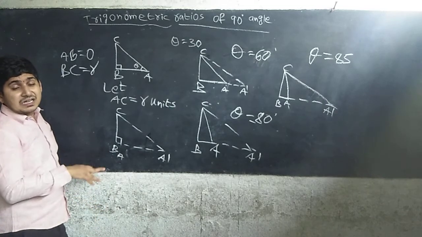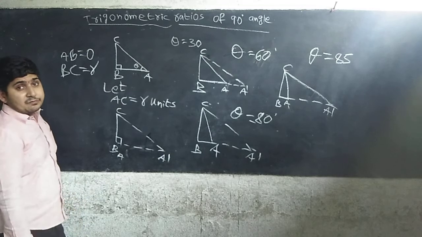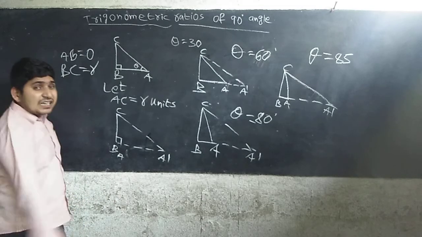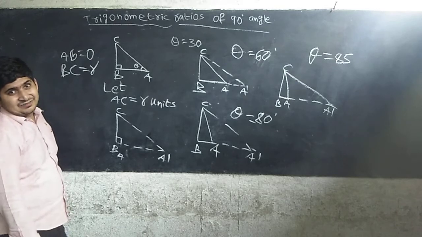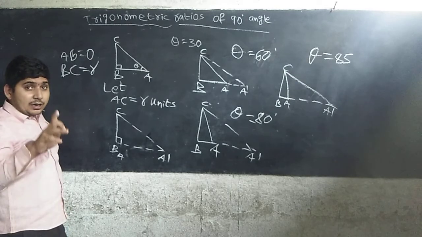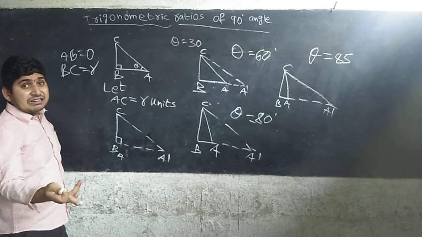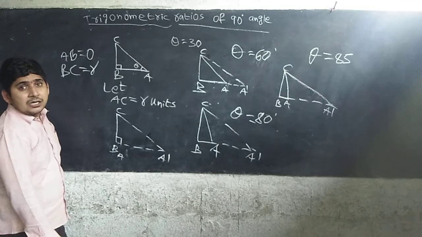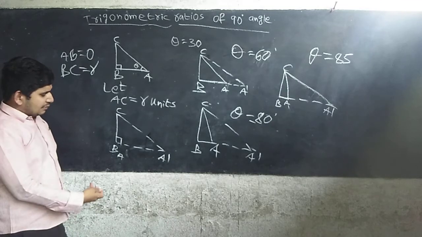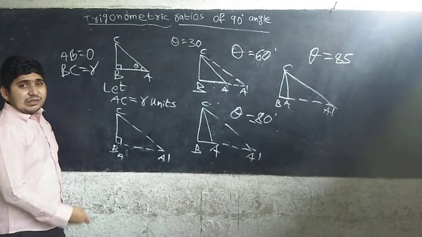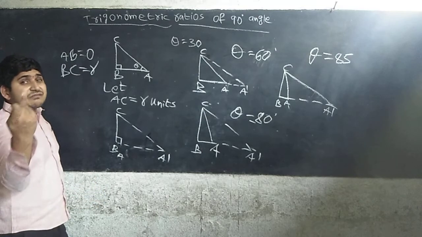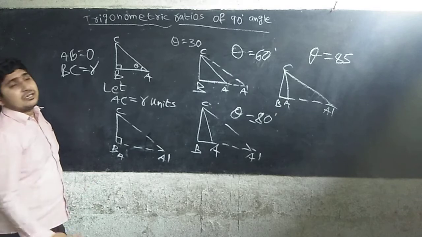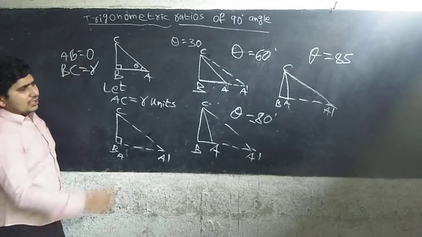The points B and A represent only one point. So there is no distance between A and B, because the two points are representing only one point. So AB equal to 0 units.